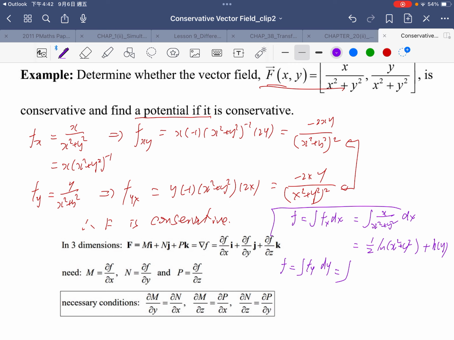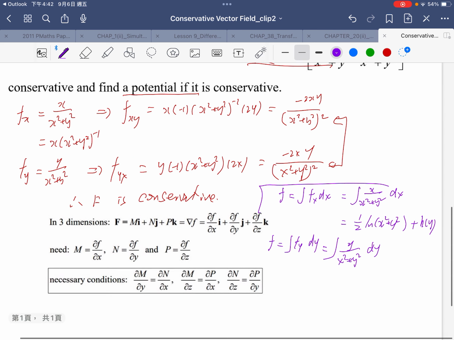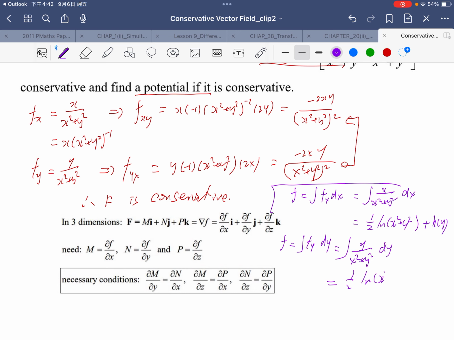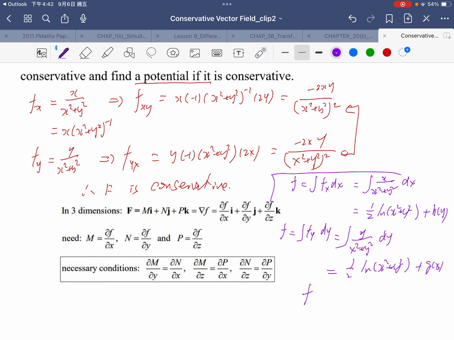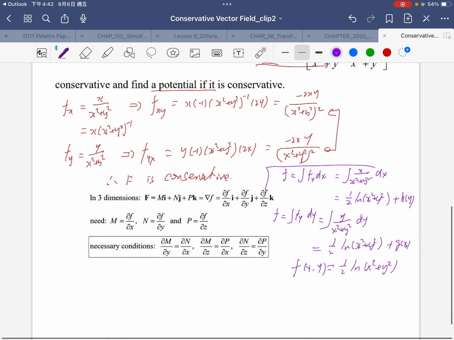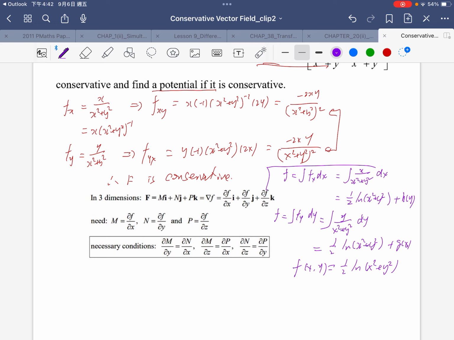On the other hand, I integrate the other part, Fy, with respect to y, and I get another form, g(x). After comparing these two terms, we can conclude f(x, y) is equal to 1/2 log of x squared plus y squared. This is called the potential function of the conservative vector field F.